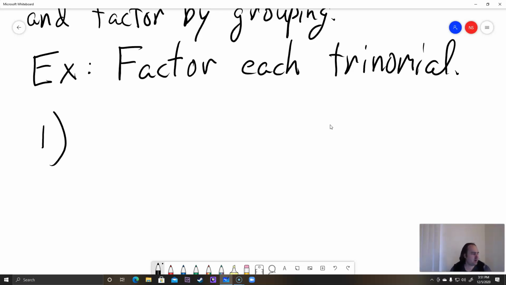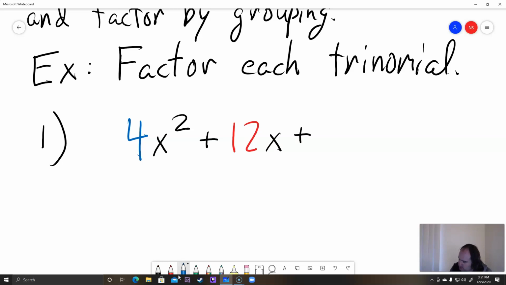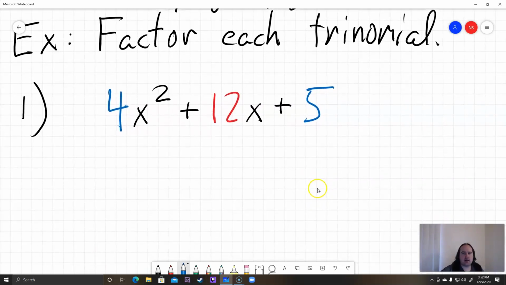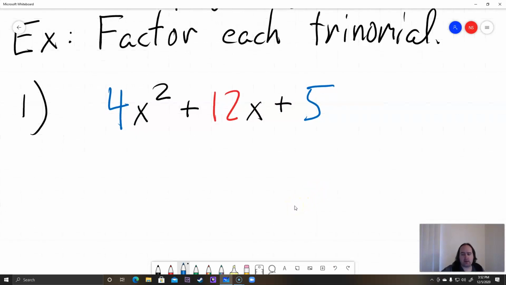And for problem number 1, we're going to do 4x squared plus 12x plus 5. Okay, 4x squared plus 12x plus 5. And I'm going to teach you how to do it by grouping, the long process I was just talking about at the top.